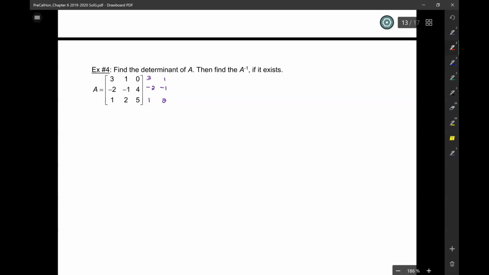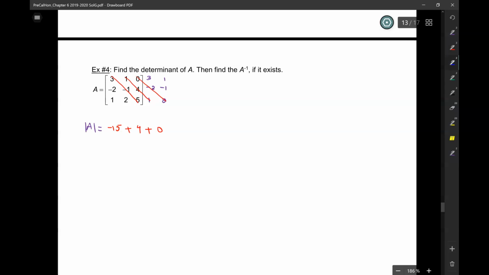So determinant of A equals: the first diagonal, when I multiply everything on that diagonal, I get negative 15. Plus, second diagonal, 1 times 4 times 1 is 4. Plus, 0 times anything. We love it when we get zeros because that's just 0.